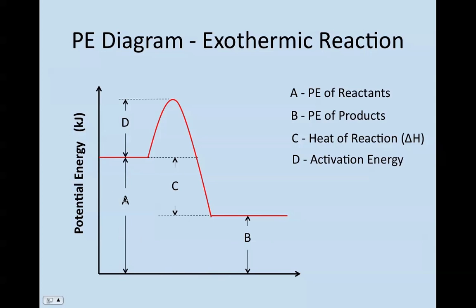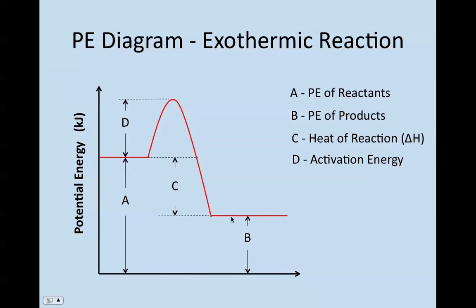A is representing the energy of our reactants. So I would simply do whatever this number was minus 0, and that would give me the potential energy of my reactants. B is the potential energy of my products. This is where my products are. I would simply do that amount minus 0 and get the potential energy of my products. The heat of reaction, delta H, is the difference between the energy of my products and reactants.